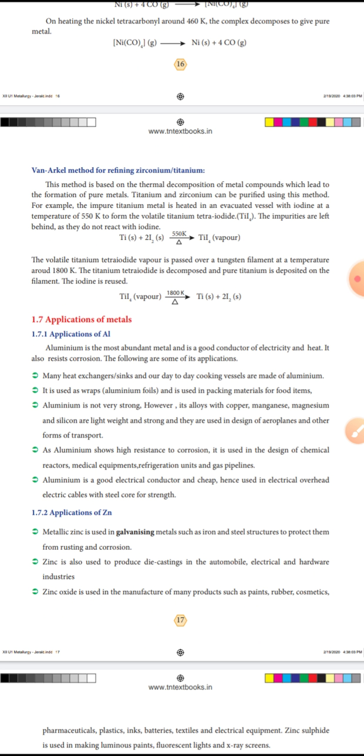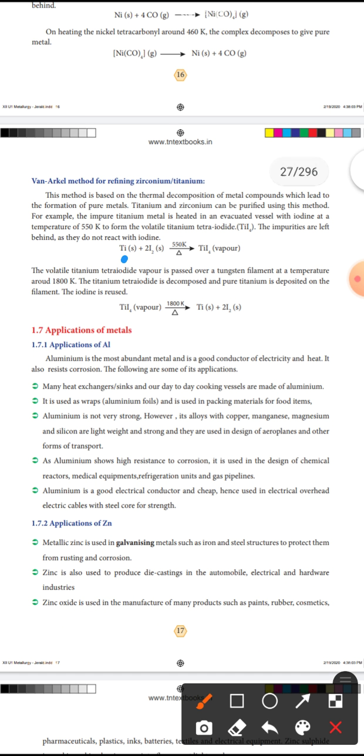Titanium and zirconium can be purified by using the Van Arkel method. For example, impure titanium metal is heated in an evacuated vessel with iodine at a temperature of 550 Kelvin to form volatile titanium tetraiodide. The impurities are left behind. They do not react with iodine.